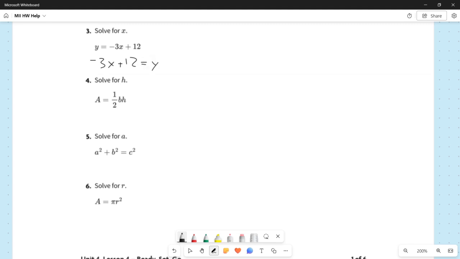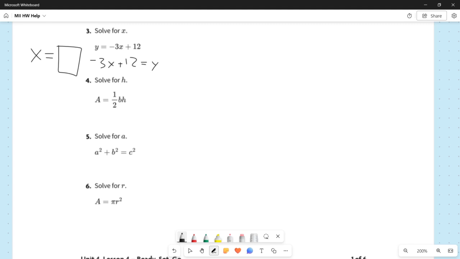When you have an equal sign, the order doesn't really matter which one's on the left and which one's on the right. But because I'm solving for x, I want the thing that I'm solving for to be on the left, because we want our answer to look like x equals something, right?